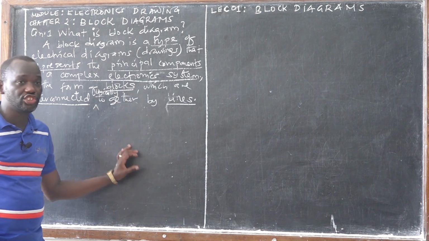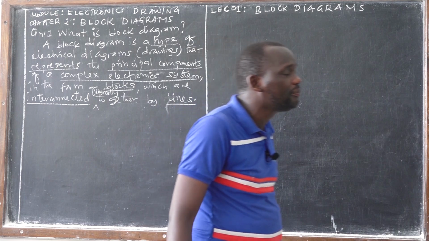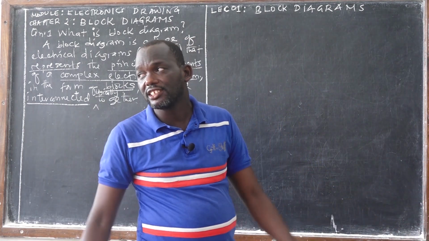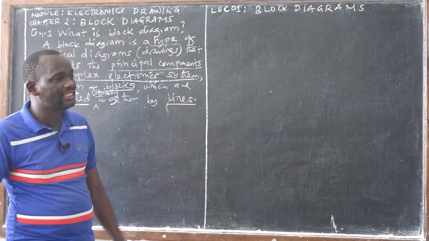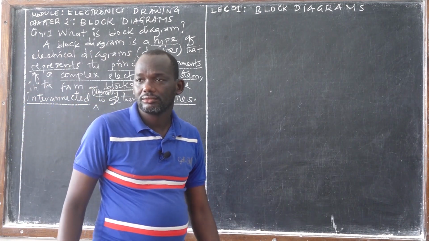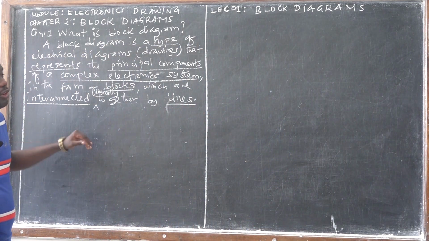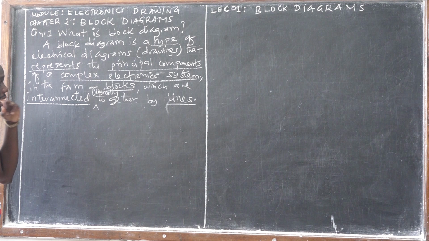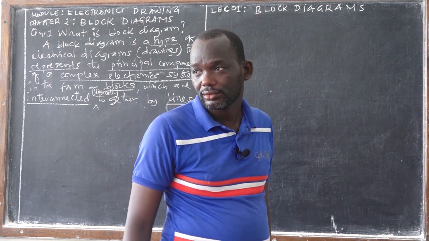You'll build the system and implement that project. Maybe you want to make a system that counts the number of students entering the class, or a smart class attendance system. In that module, a very important part is that you will be drawing a block diagram for the system you are proposing.